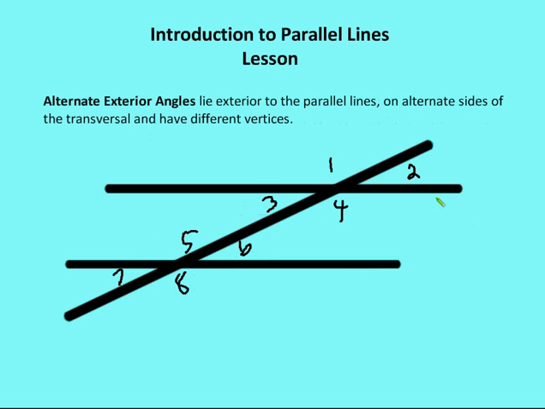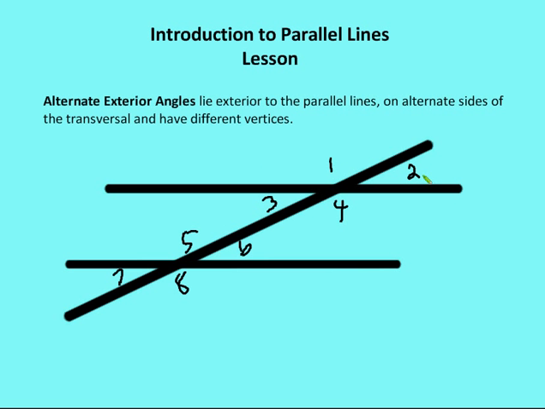Right, alternate exterior angles lie exterior to the parallel lines on alternate sides of the transversal and have different vertices. Okay, so I have 1 and 2, 7 and 8. Those are exterior to the parallel lines. Now I have alternate sides of the transversal, so 1 and 2 and 7 and 8 could be pairs, but they also have different vertices.